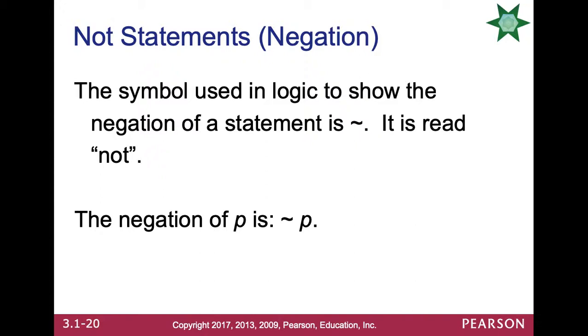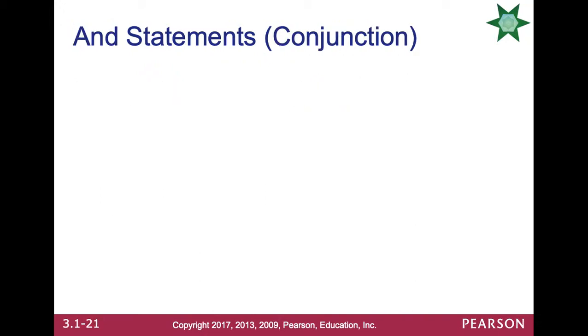Keep an eye out for the similarities. So the negation of P is not P. The negation of 1 is minus 1. The negation of minus 1 is 1. Okay, so I can use negation whether I'm defining negative numbers or if I'm defining the opposite of a statement.